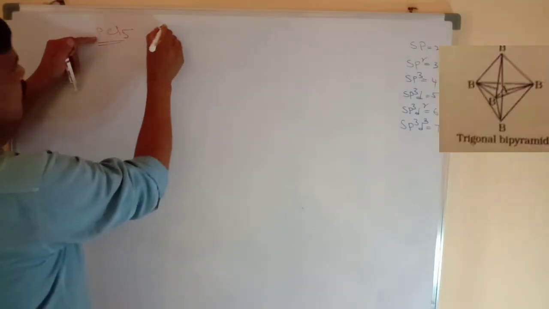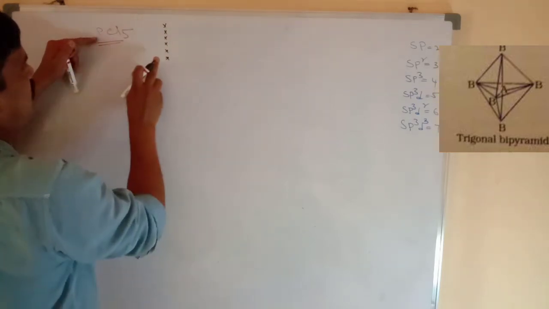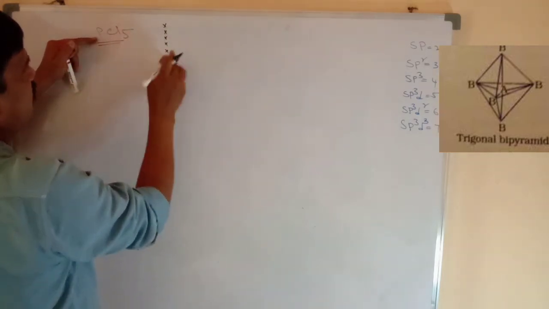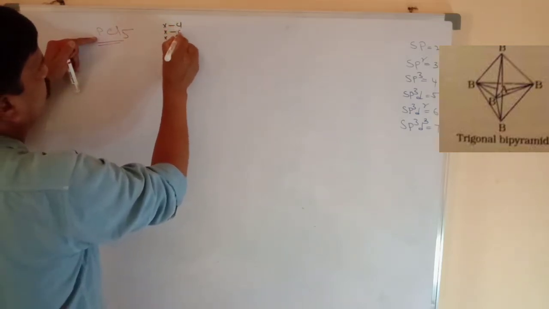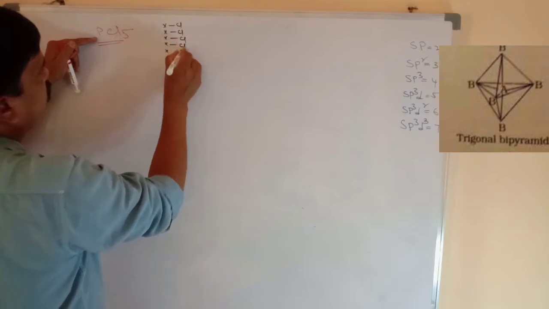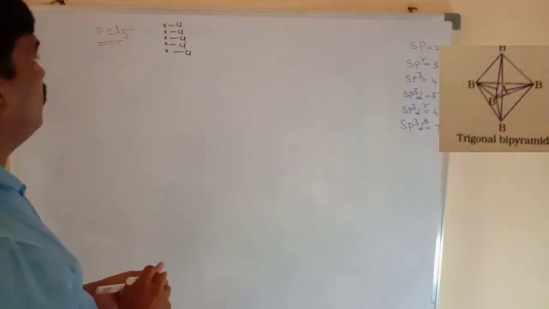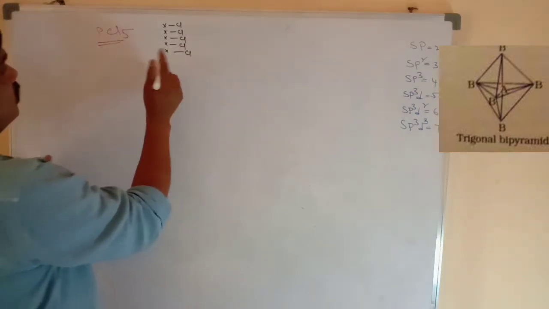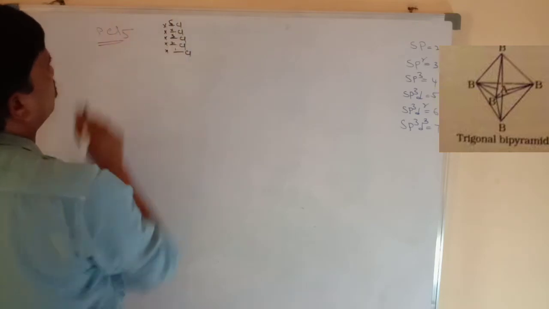Phosphorus pentachloride. Phosphorus belongs to which group? The 5th group, so write 5 dots. How many chlorines are there? 5 chlorines. Each chlorine bonds with a single bond to each dot. Give numbering 1, 2, 3, 4, 5.